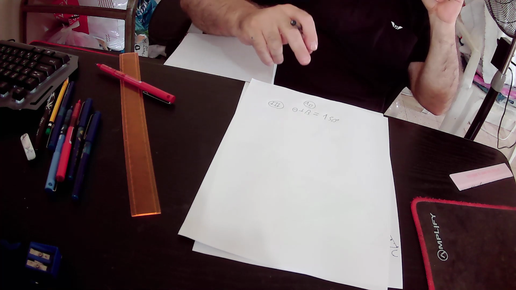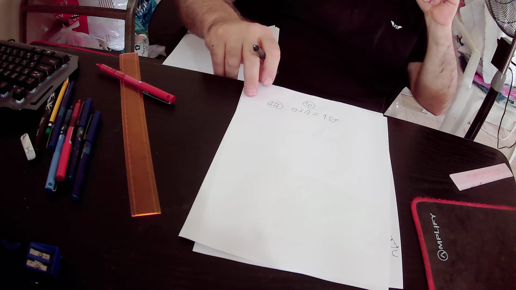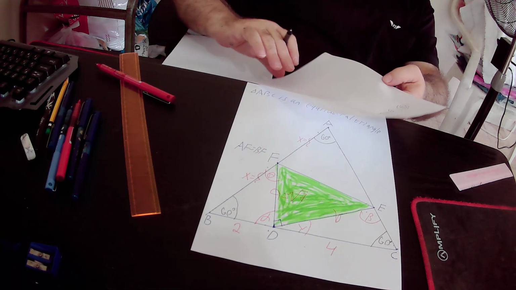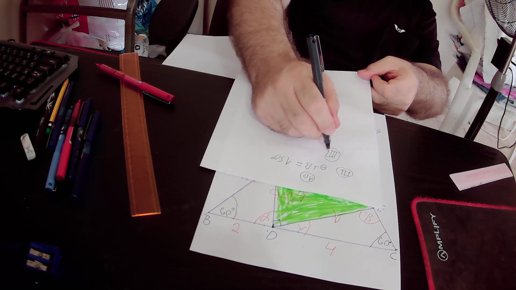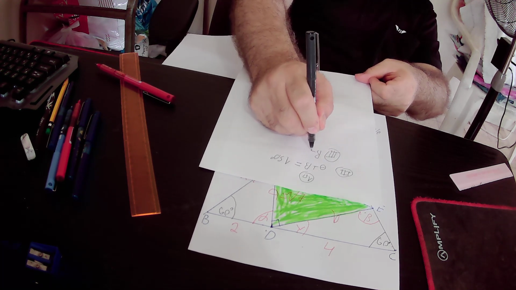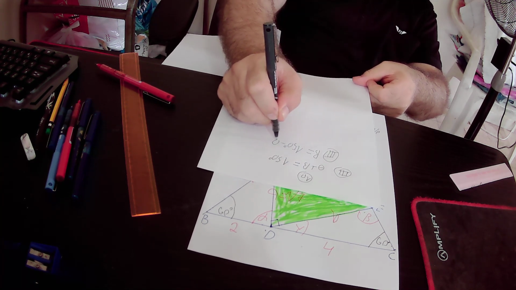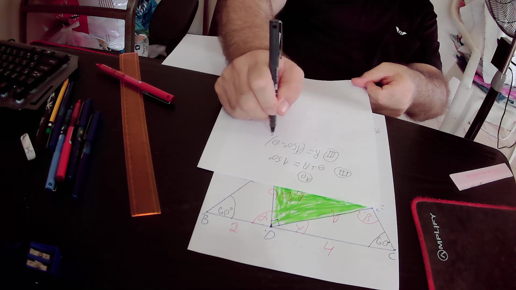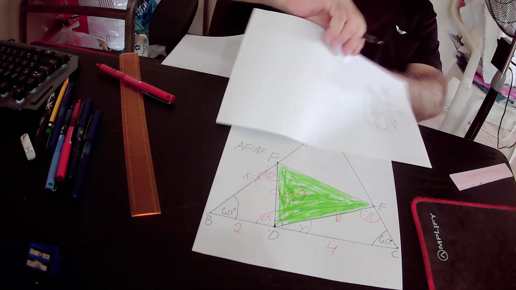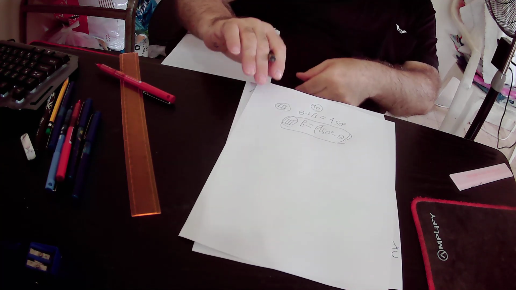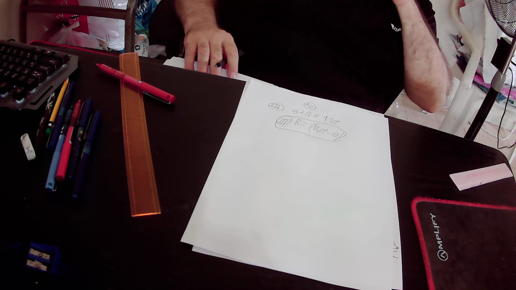Here we'll subtract theta from equation number 3, and we will get that beta equals 150 degrees minus theta. Okay, so according to equation number 3, beta equals 150 degrees minus theta.